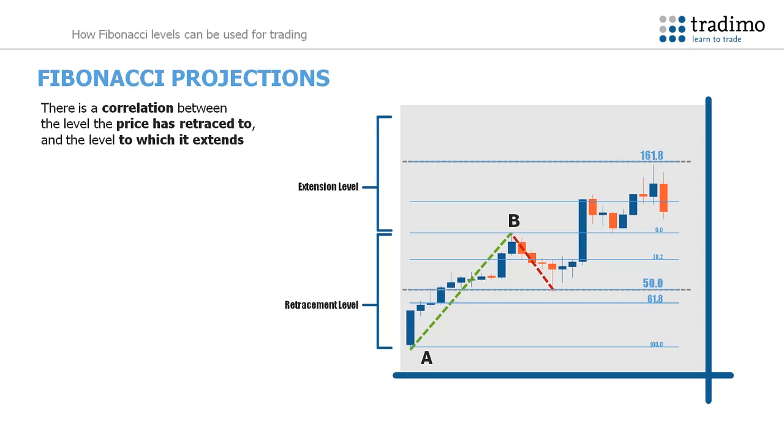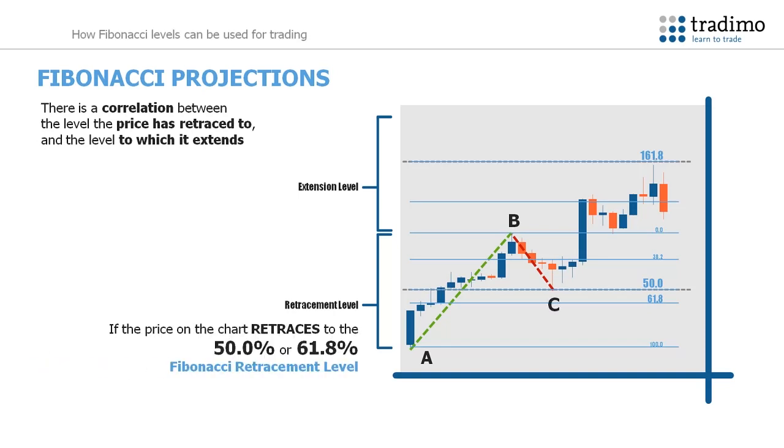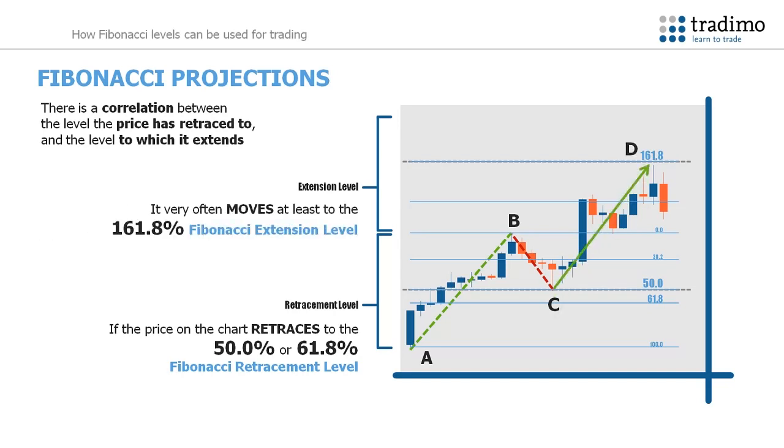For example, it has been observed that if price retraces to the 50% level or the 61.8% level, point C, it will often carry on to reach the 161.8% extension level, point D, if the market is in a confirmed trend.